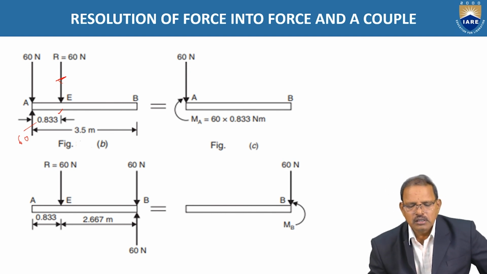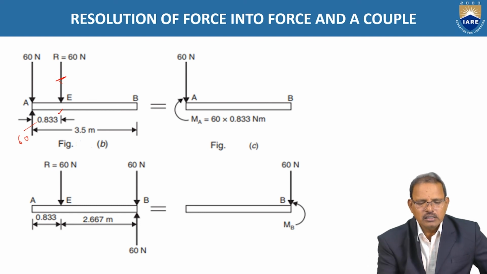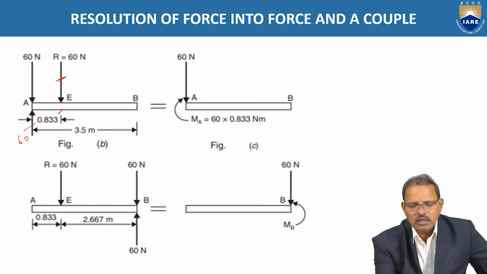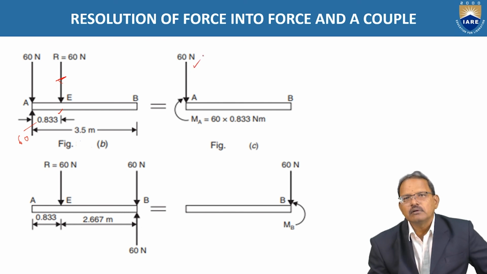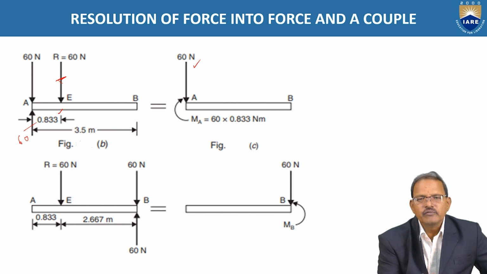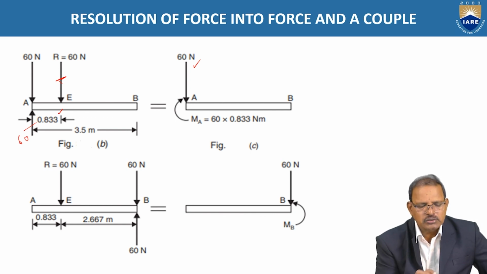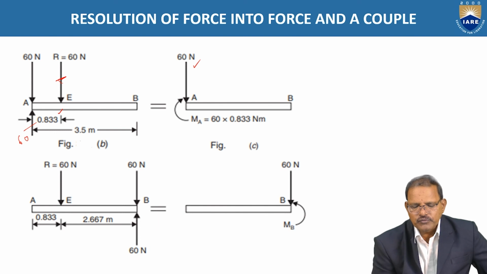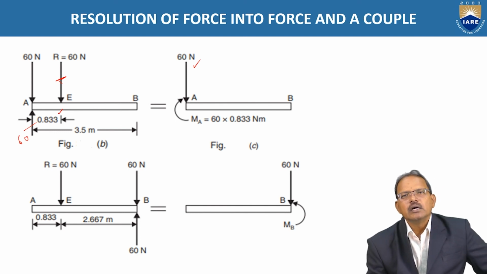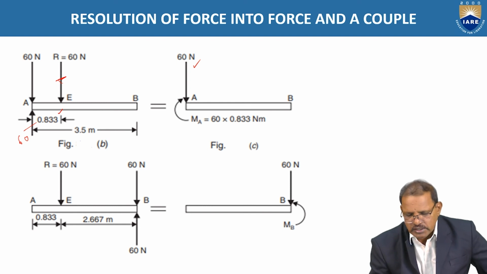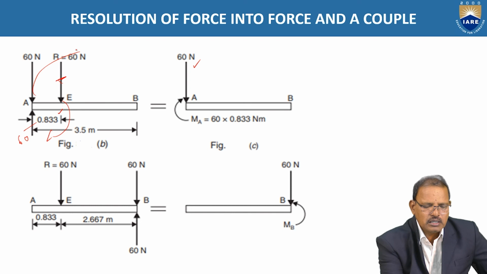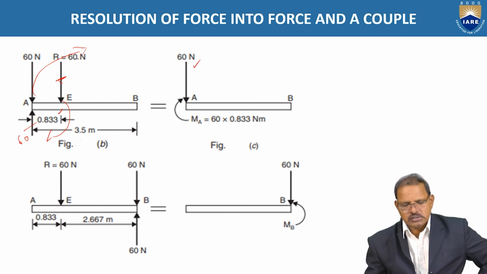And so, when we keep a single force of 60 newtons at point A, as well as the couple created by the forces acting at A and E, which is equal to 60 into 0.833, the direction is clockwise, because it tends to rotate the body clockwise.